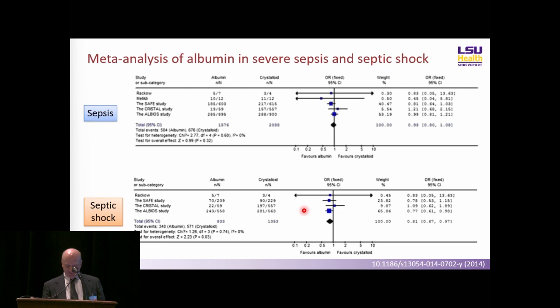And this was a recently published, this is published about 10 years ago. And again, based on recent studies and the meta-analysis, there's data that suggests that albumin and maintenance of avoidance of hypoalbuminemia in patients with severe sepsis and septic shock may be a good target.